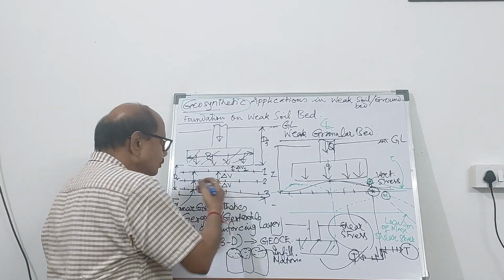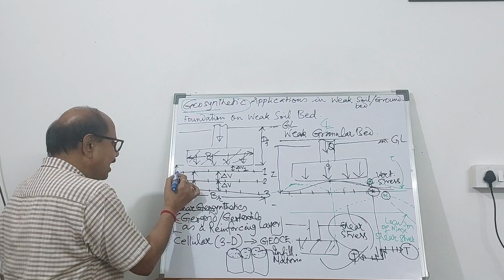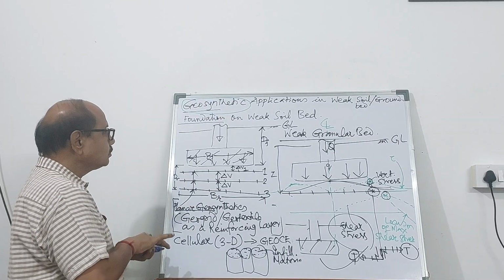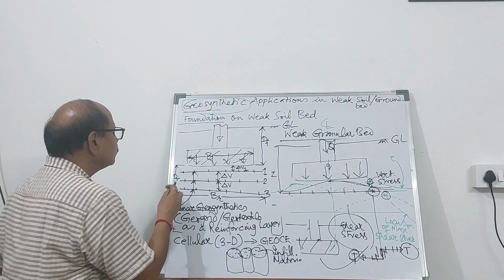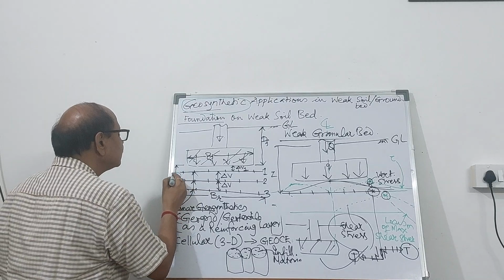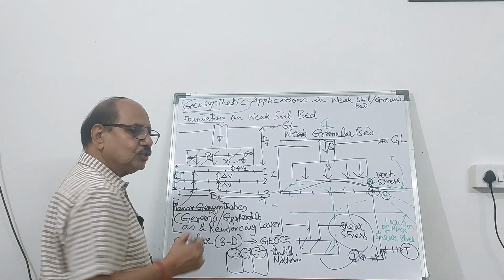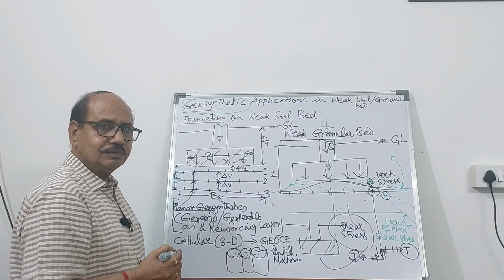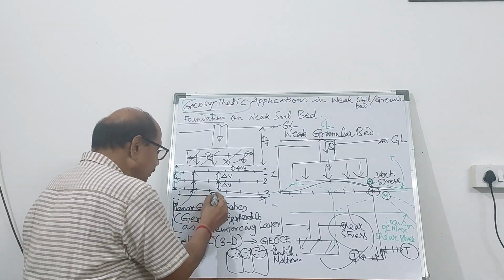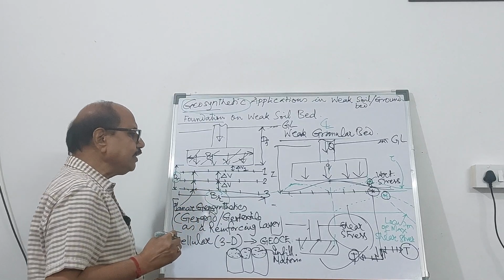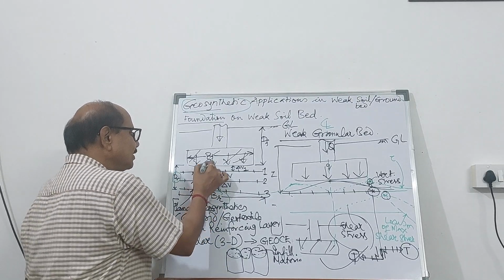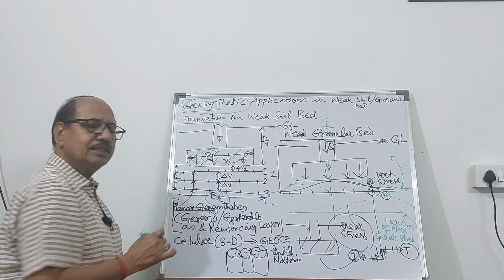But how deep? What should be this d_r? How deep should I put the reinforcement? How many layers? What should be the width of the reinforcing layer vis-a-vis the width of the footing?